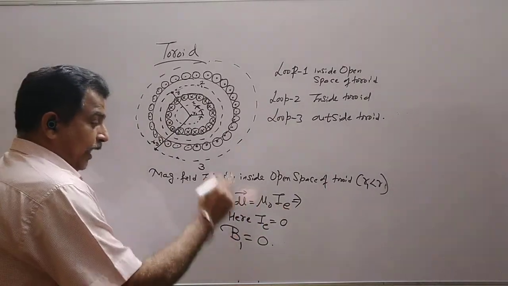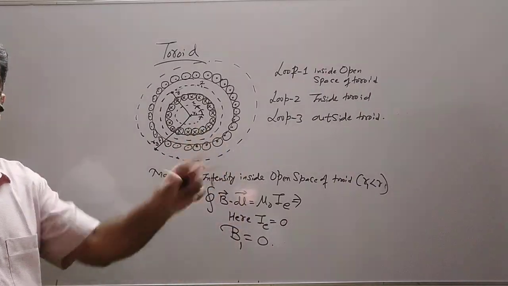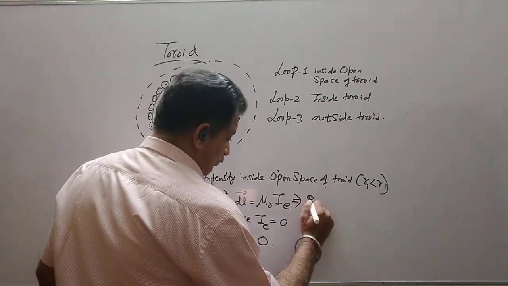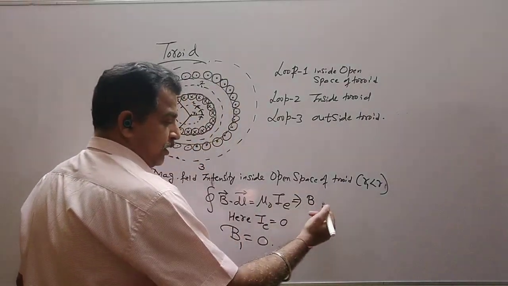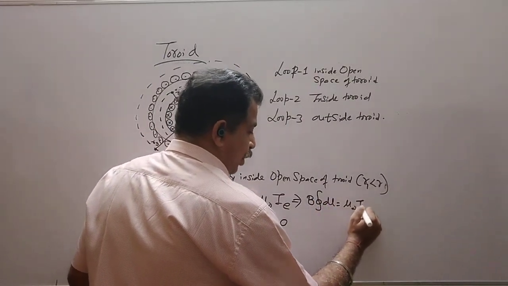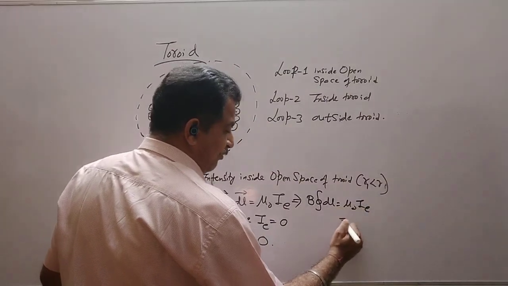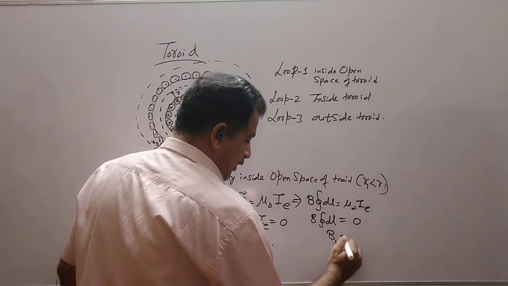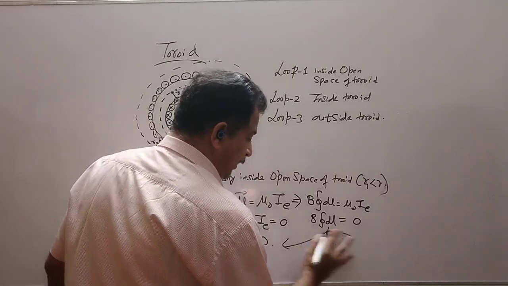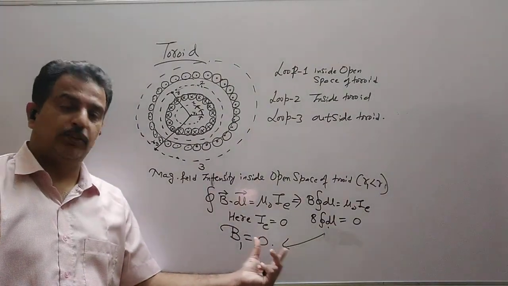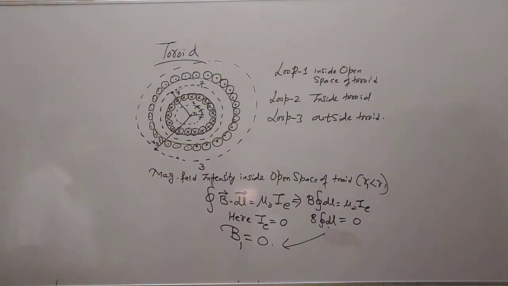However, the angle between B and dl, if we assume it is 0, though there will be no magnetic field, suppose we take dl cos 0, so it will be written as closed integration of dl is equal to mu naught I enclosed. Now I enclosed itself is 0, so this term reduces to 0, which indicates that B1 is equal to 0. So directly we write here I enclosed is 0, so the magnetic field inside the open space of the toroid is 0.